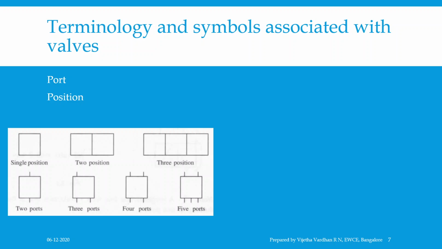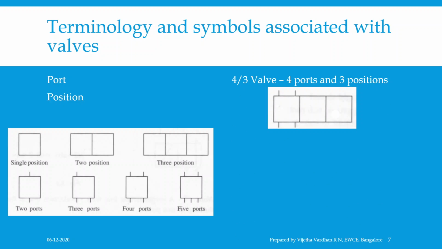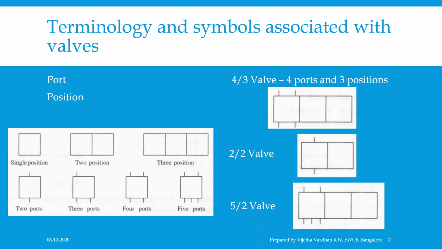That is what we have discussed right now. In multi-position valve, the number of ports are shown only in one square block, which you can observe in the figure. Now the 4 by 3 valve means 4 ports and 3 positions. 2 by 2 valve means, you can see the figure, and 5 by 3 valves accordingly, you can see the things.